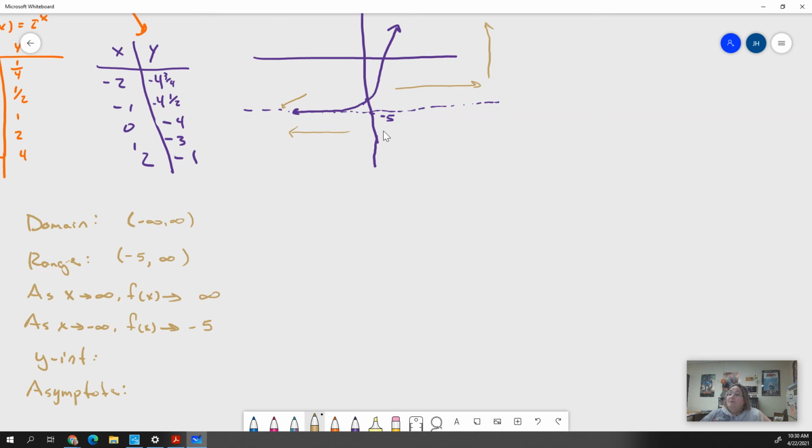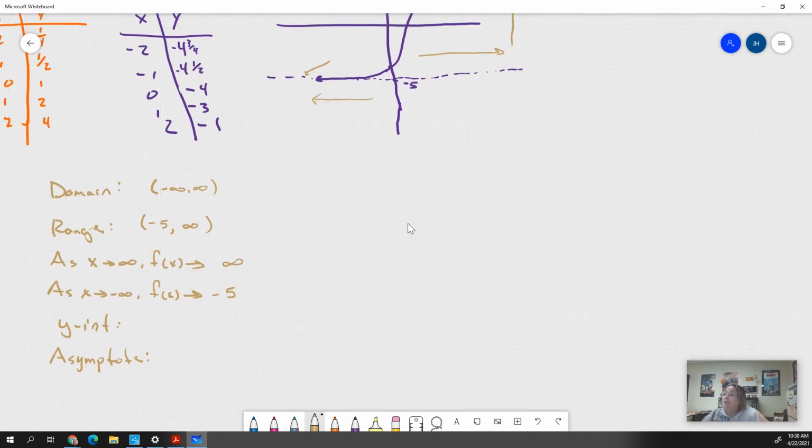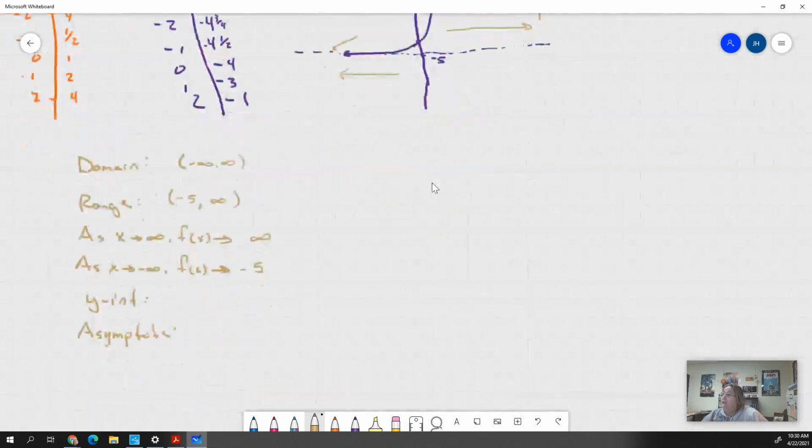Our y-intercept, technically we know what it is because it just moved down 5 points from the last time. But if we don't know what it is, we can still plug it into this equation. So we have f of x equals 2 to the x minus 5, which is the same as saying y equals 2 to the x minus 5.